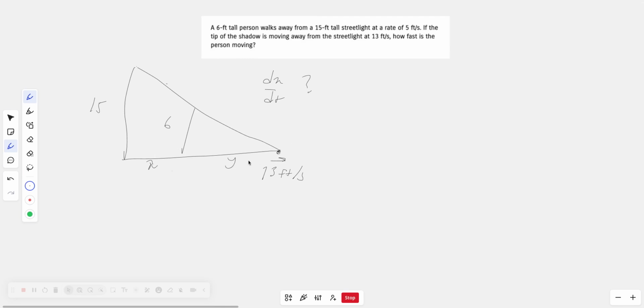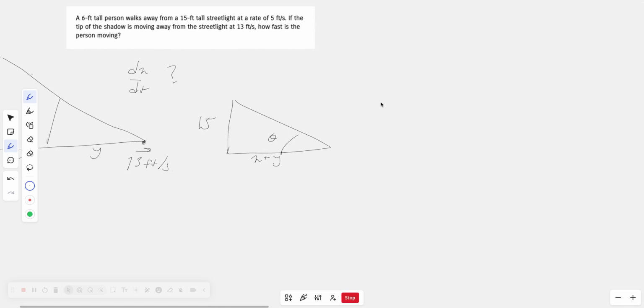So now we're going to separate this larger triangle into two similar triangles. So we have one triangle over here, which is created with the ground and the street light. And then we have a smaller triangle created with the person and the street light, or the person and the ground.